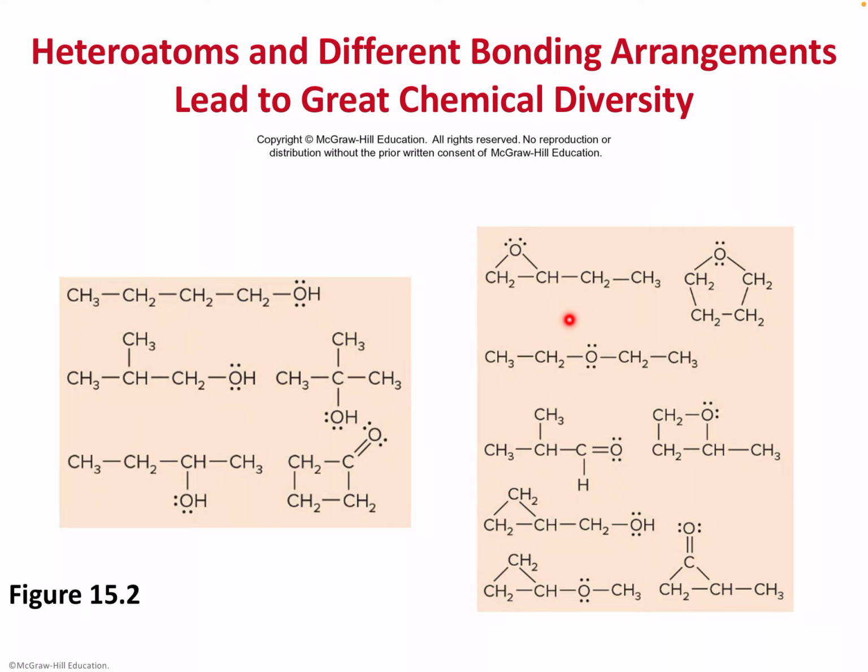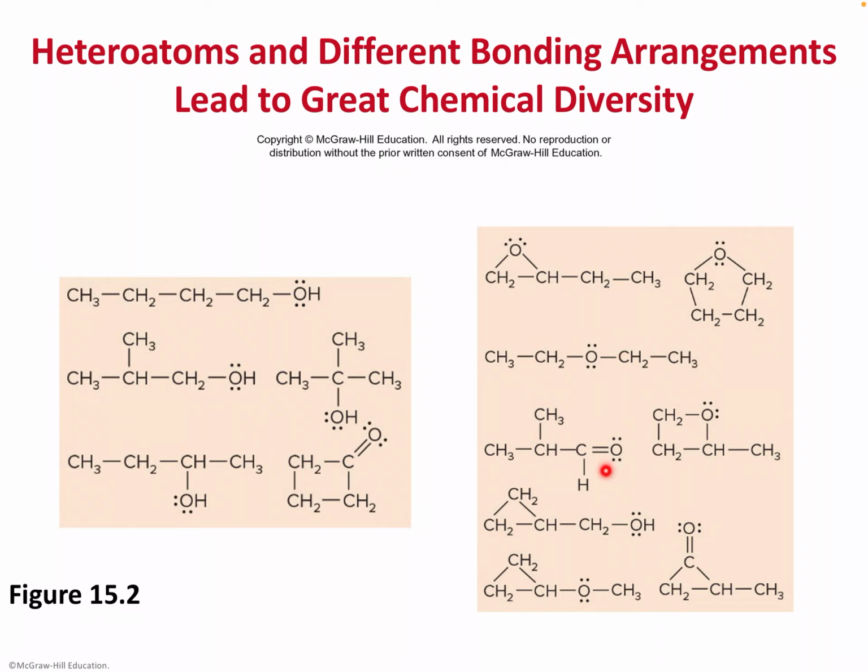And here's another one. We have 1, 2, 3, 4 carbons, and you have oxygen in a ring structure, a 3-membered ring. Here you can have a heteroatom with 4 carbons, and this is a 5-membered ring structure. And then oxygen could be in the center between these 2 carbons.